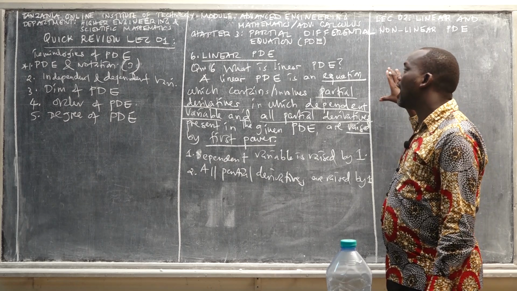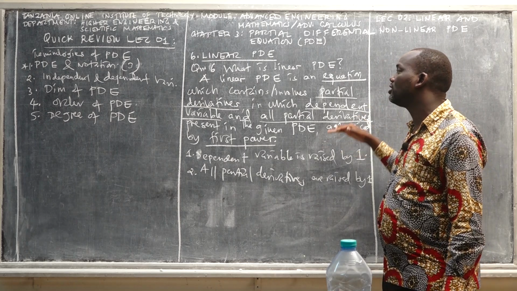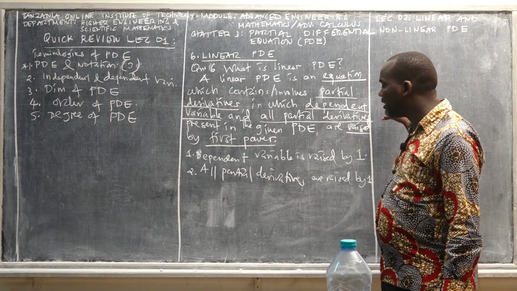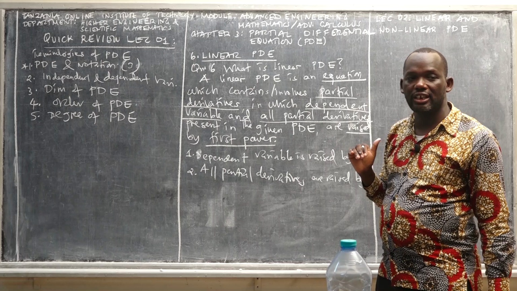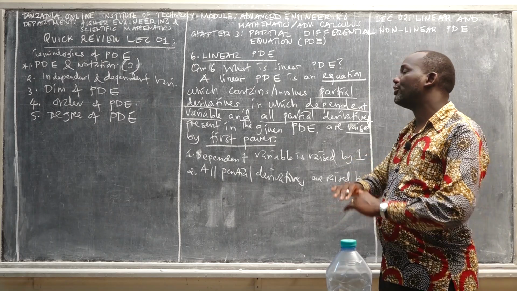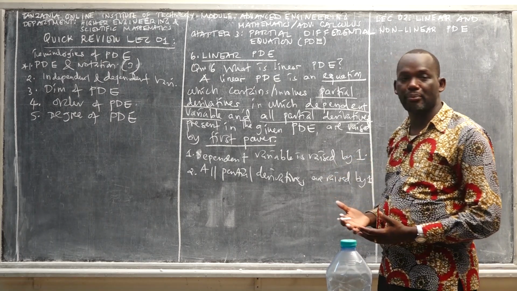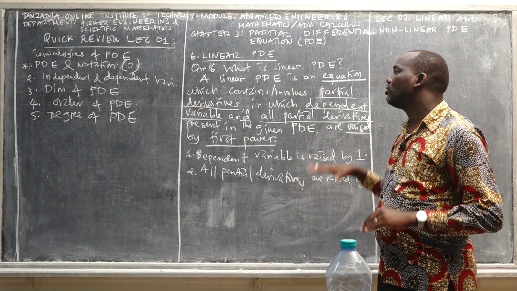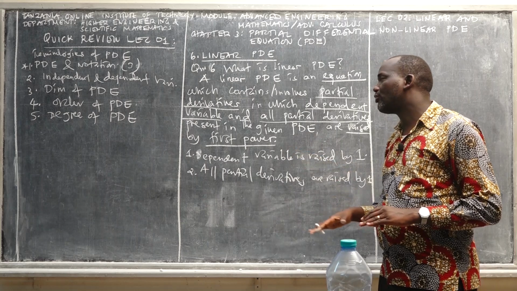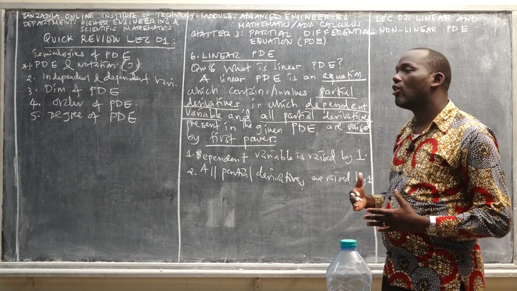After that, I will teach you 3 conditions that we are using to decide whether the given partial differential equation is linear or non-linear. And after that, I will give you more than 5 examples, and we'll just be using the conditions to state whether the given partial differential equation is linear or non-linear.